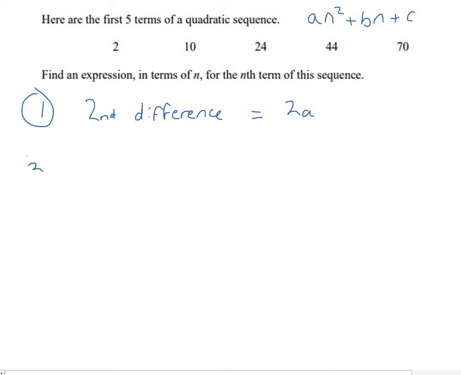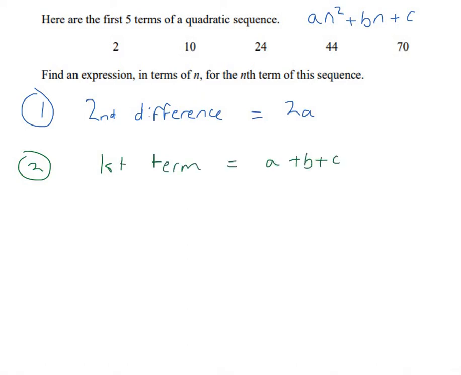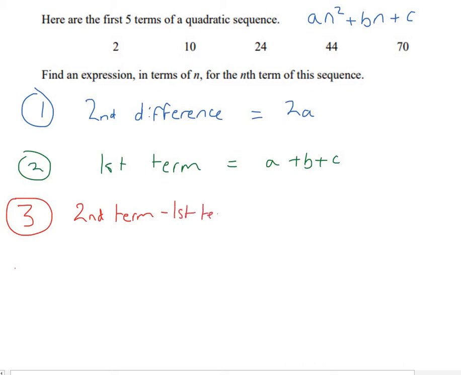Our second formula says that the first term, in this case 2, equals a plus b plus c. And finally, our third formula says that the second term, take away the first term, equals 3a plus b. Great.